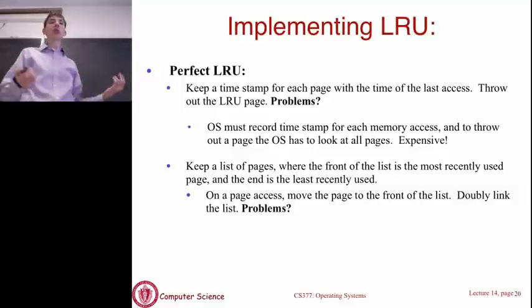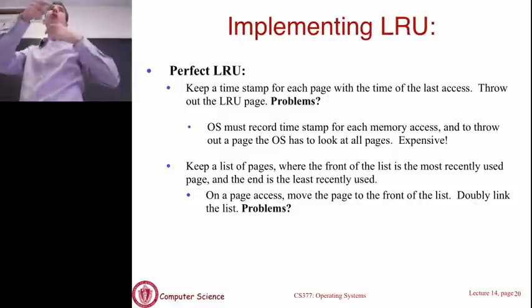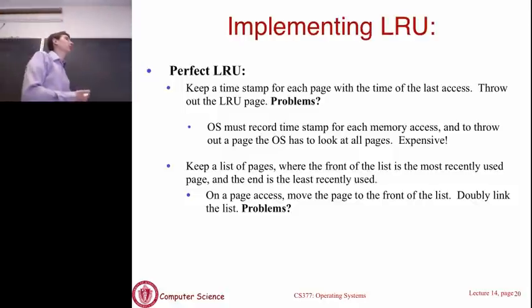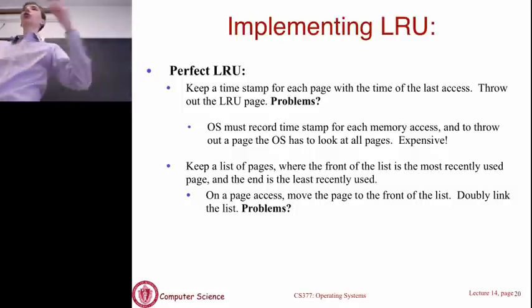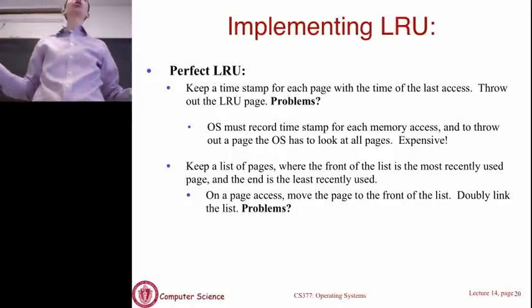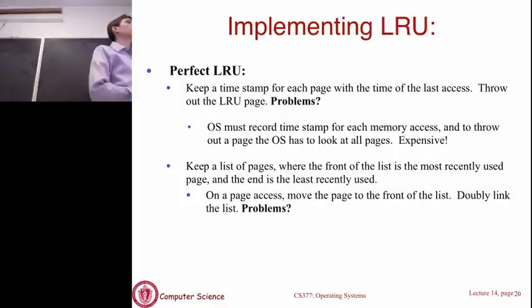So we could consider another approach: let's keep a list of pages and, as we access pages, move things around in the linked list. Any problems there? If we do it that way, then at least we don't have to loop through all the pages to find the least recently used one, if we're just keeping an ordered list. So that might solve the problem of having to look at every page.